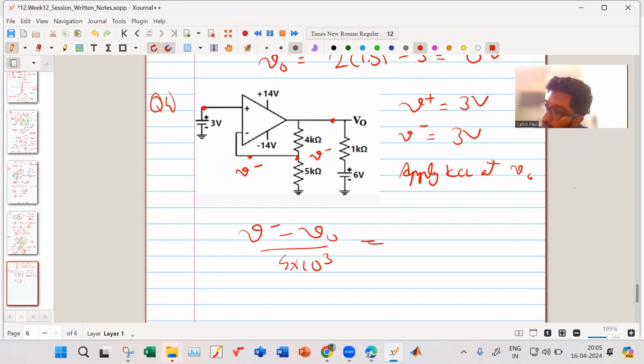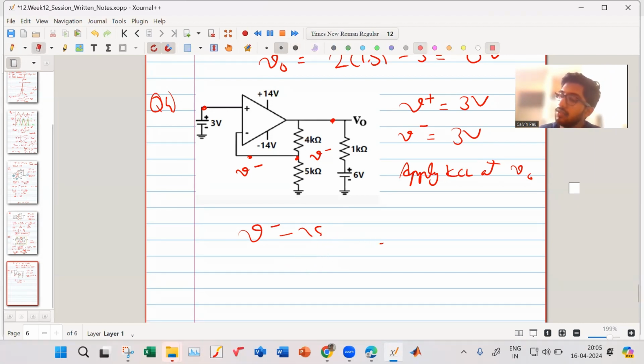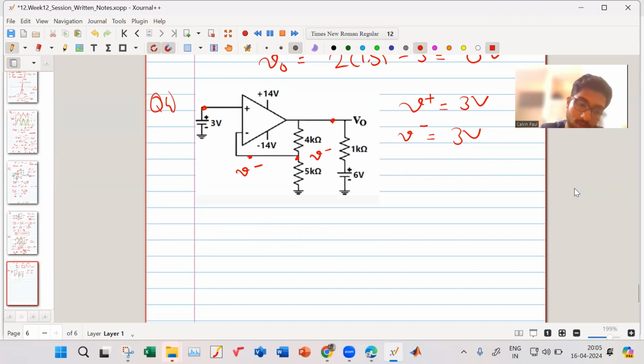What I know for certain is that the virtual ground concept holds true. So this is 3 volt, that means this also is 3 volt. What is the current flowing in here? 0. What is the current flowing in here?